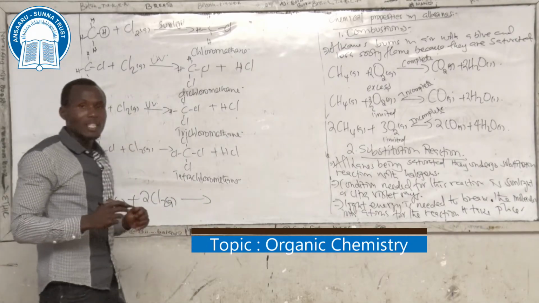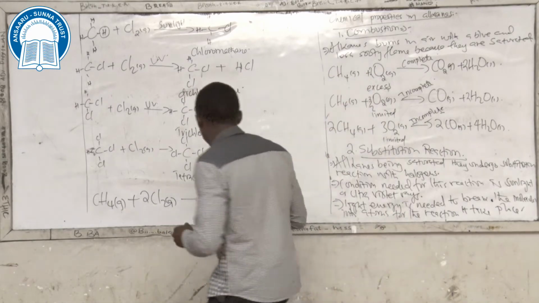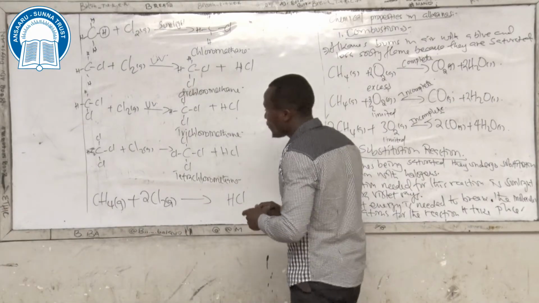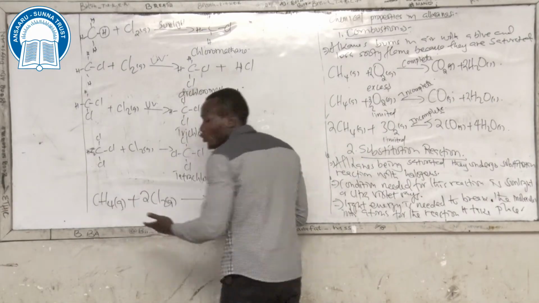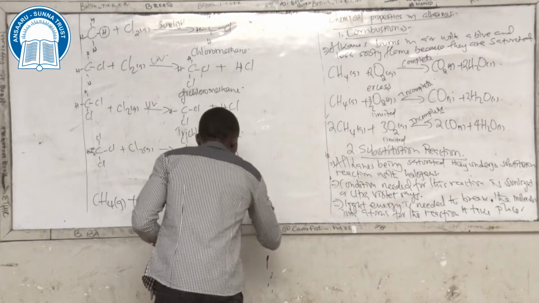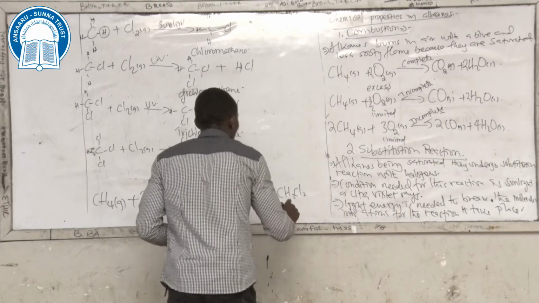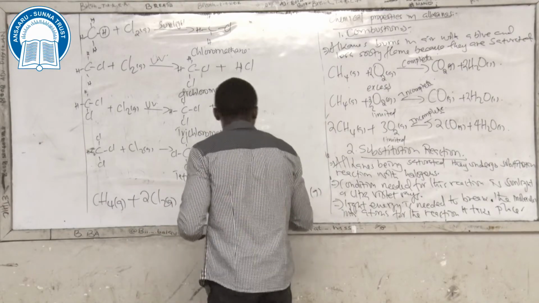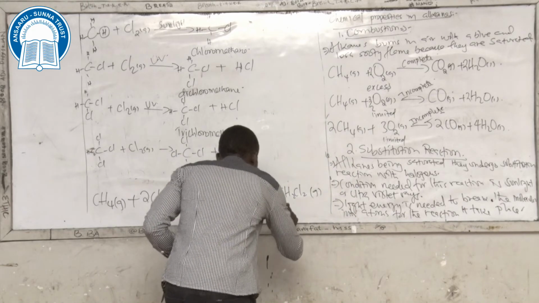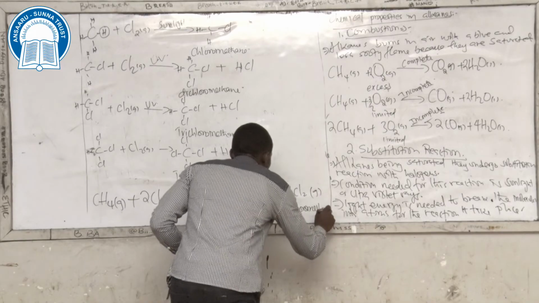We have said that one of the products that must be formed is the hydrogen chloride, so we have HCl. Therefore, we are going to have plus CH2Cl2 gas, which is named dichloromethane.